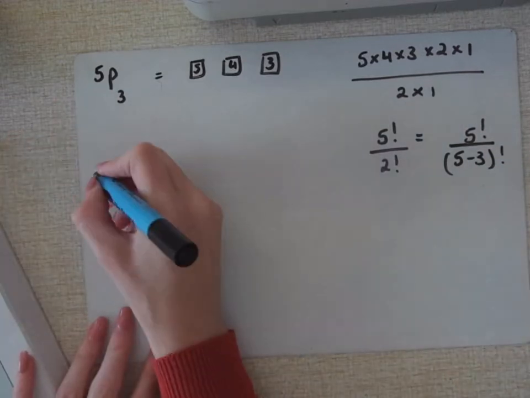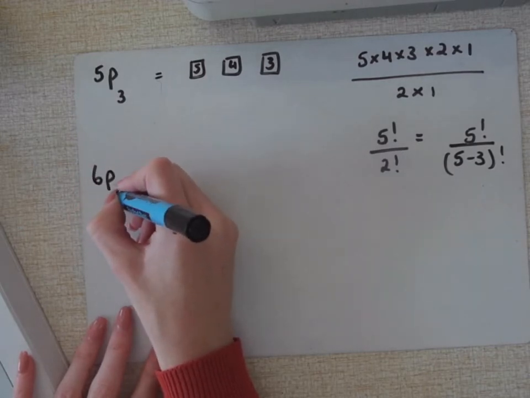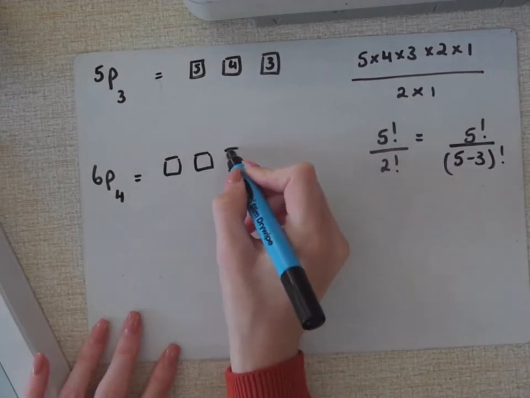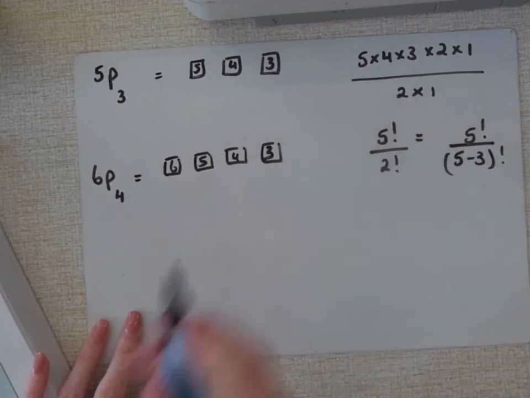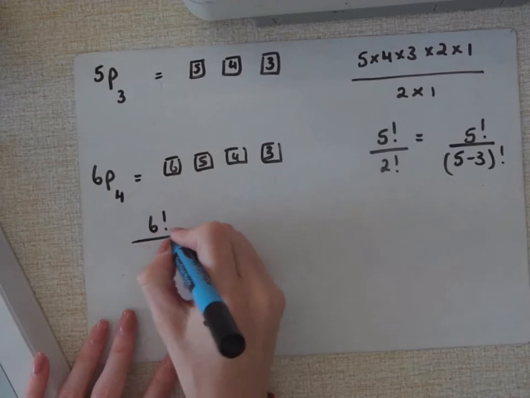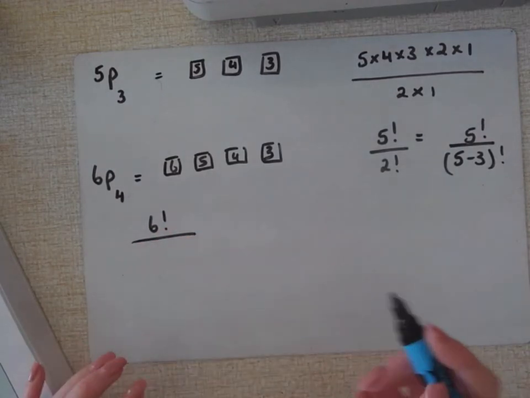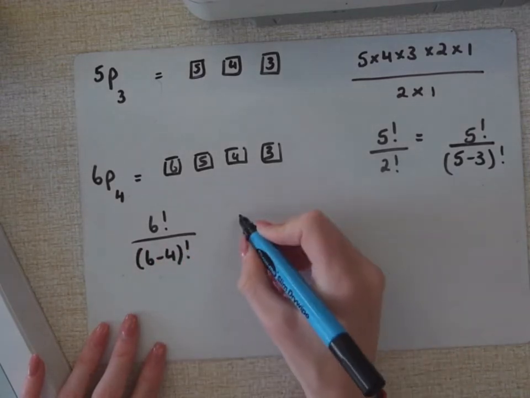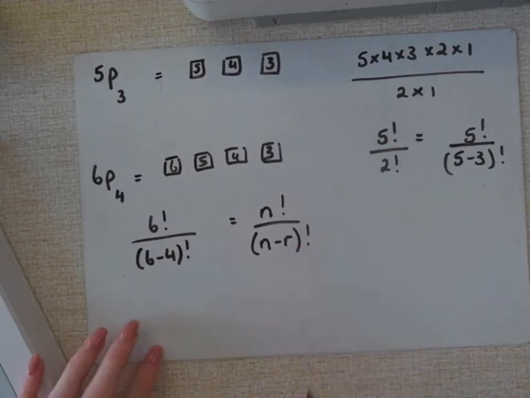So if it was 6P4, that's telling me 4 objects, 6, 5, 4, 3. But if you were to use this, it would be 6 factorial over 2, and where did the 2 come from? 6 take 4. So it's n factorial over n minus r factorial.